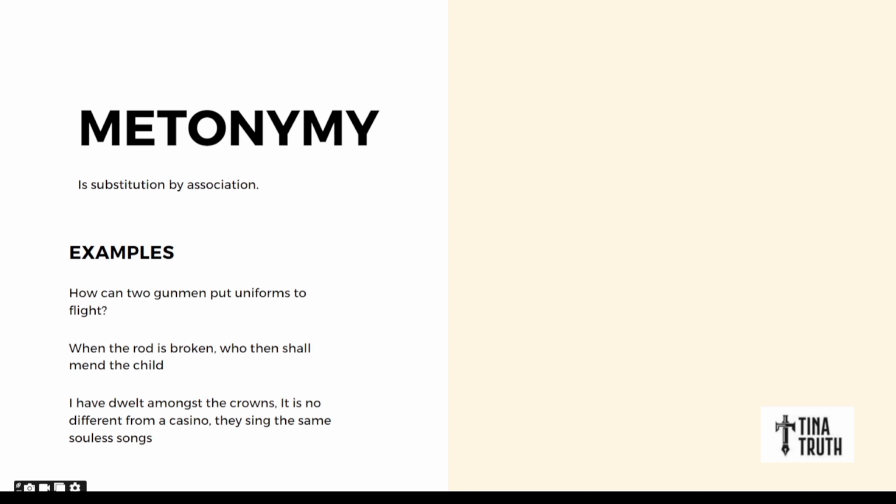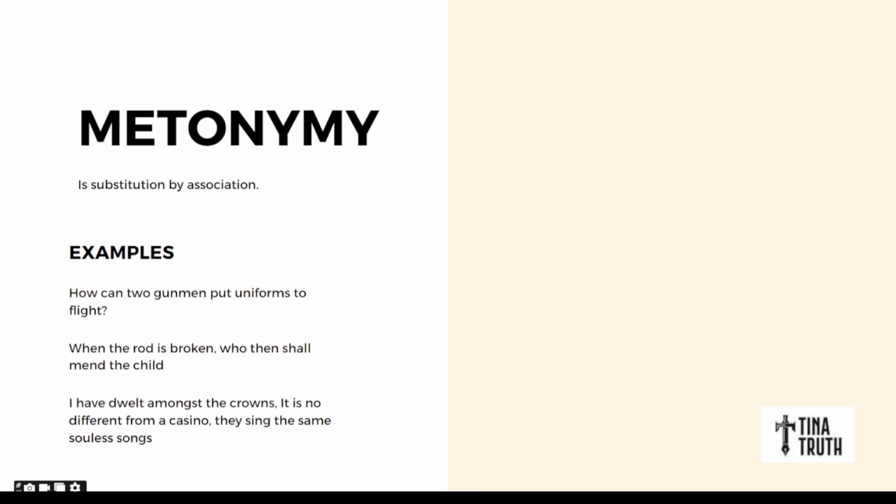The second one says, when the rod is broken, who then shall mend the child? Now, the rod here is referring to a parent, because parents are associated with the rod. The Bible also says, spare the rod and spoil the child.